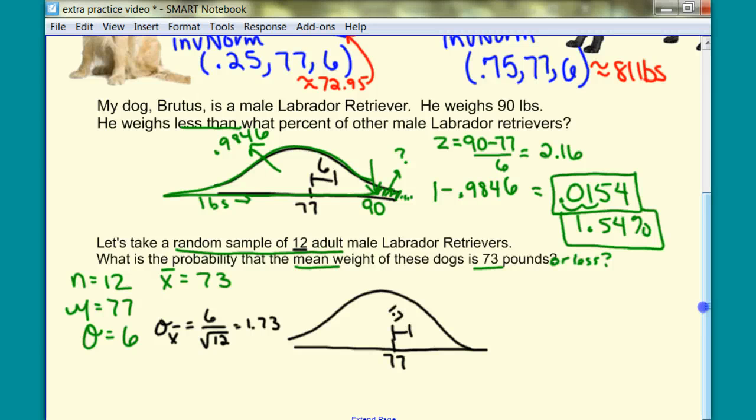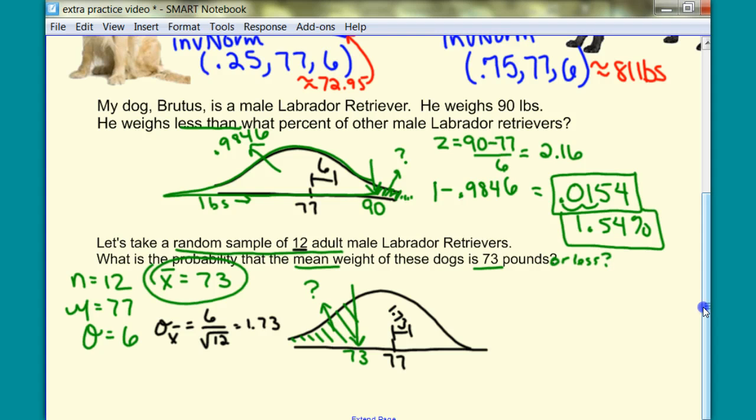That's the spread. So now when I say, let's find the likelihood that our sample of 12 averages to be 73 pounds or less, let's find this area.